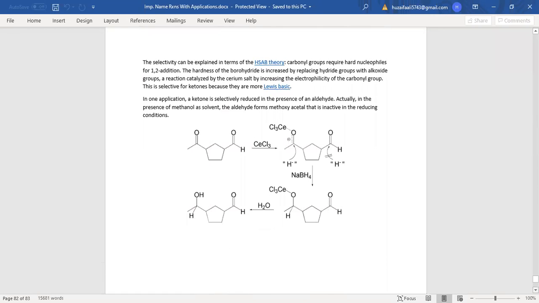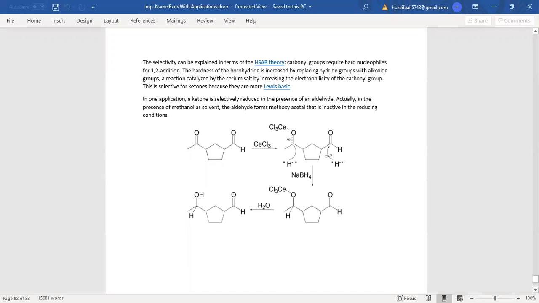The selectivity can be explained in terms of the HSAB theory. Carbonyl groups require hard nucleophiles for 1,2 addition. The hardness of the borohydride is increased by replacing hydride groups with alkoxide groups, a reaction catalyzed by the cerium salt by increasing the electrophilicity of the carbonyl group.